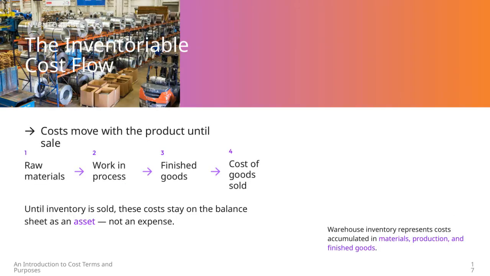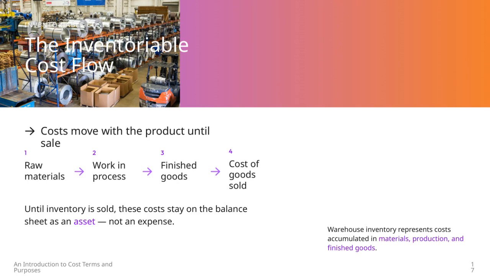Let's talk about inventoriable costs and how they move through the production process. These costs start with raw materials, which are the basic inputs needed to make a product. As production begins, these costs move into work in process, meaning the product is being actively worked on but not yet finished. Once the product is completed, the costs transfer into finished goods inventory.